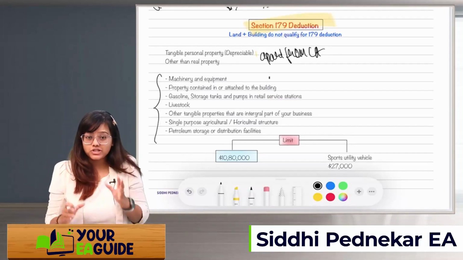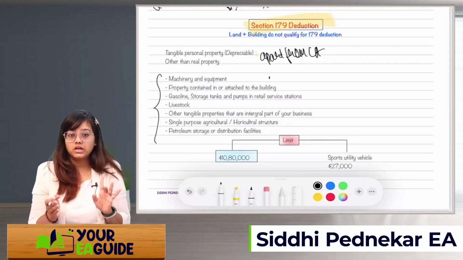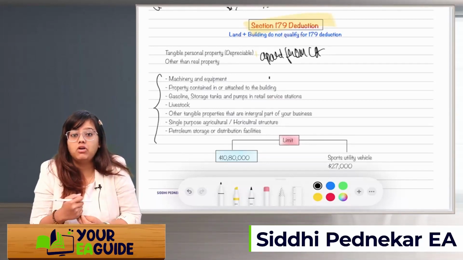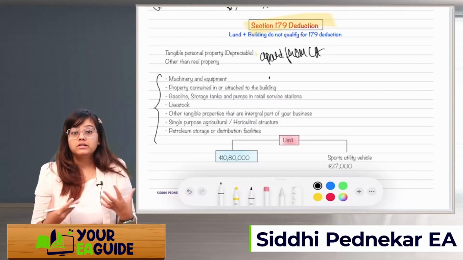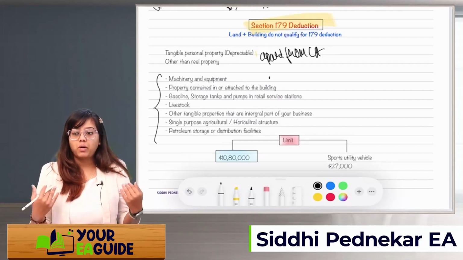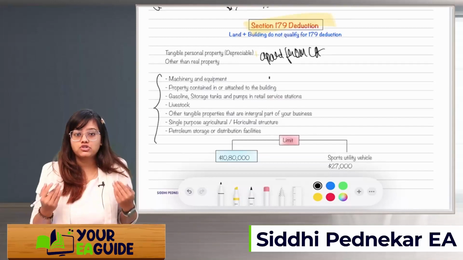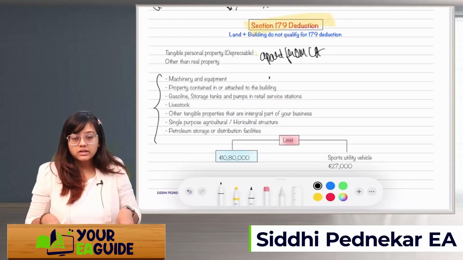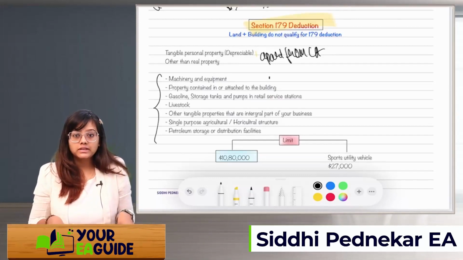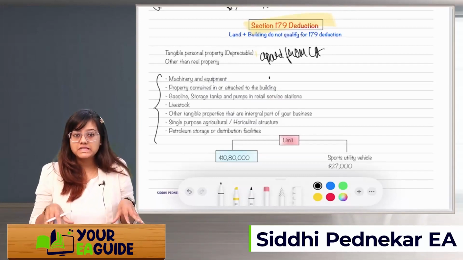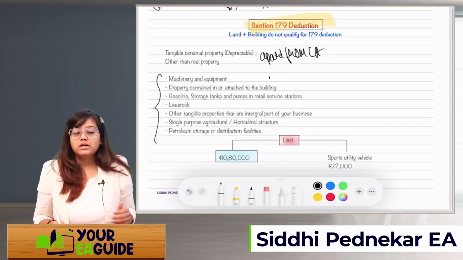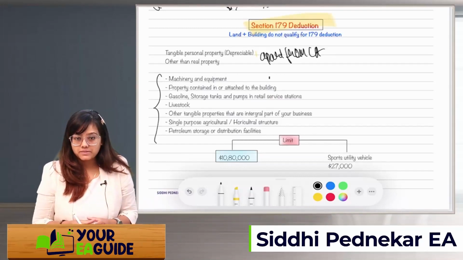But if you're purchasing any machinery and equipment which is a property contained in or attached to the building, right? Such kind of machinery which needs a proper infrastructure, that property will also be considered under 179 deduction. Gasoline storage tanks and the pumps in retail service stations, livestock, other tangible properties that are an integral part of your business, right?